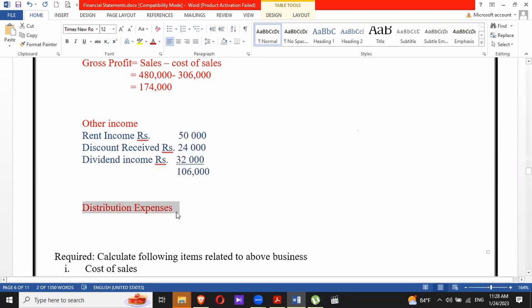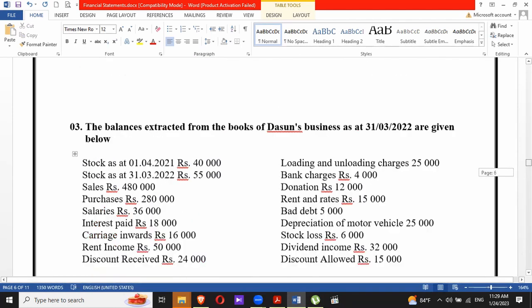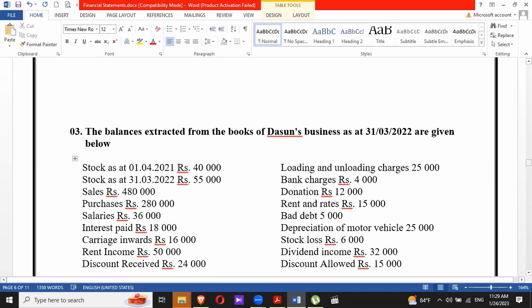Right. We'll see what are the distribution expenses given here. So we can directly take all the distribution expenses under the title of distribution expense. Right? Here salaries, no, it is administration expense. Interest paid comes under financial, carriage inwards, no. Rent income, no. Discount received, no. Loading and unloading can't take.